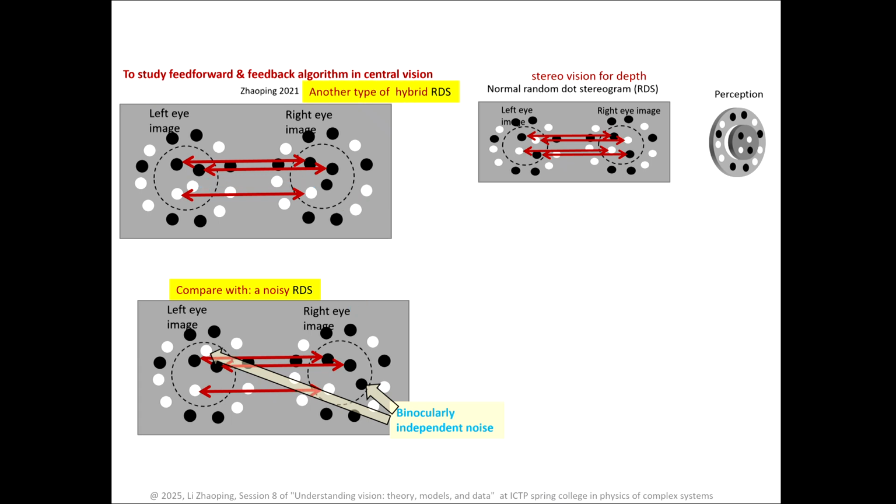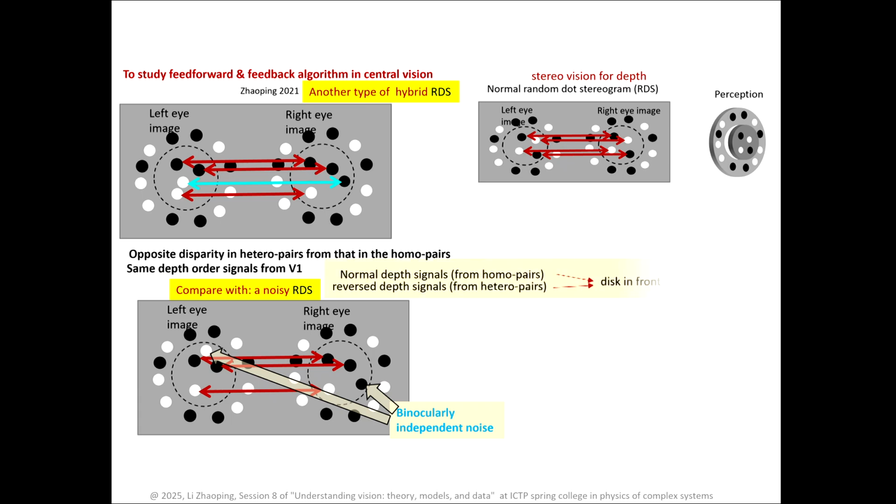Now let's look at another type of hybrid stereogram. Now the heteropairs of dots have a different disparity value from that of the homopairs of dots. In particular, their disparity values have opposite signs, so that the reverse depth signals by the heteropairs of dots agree with the normal depth signals by the homopairs of dots.